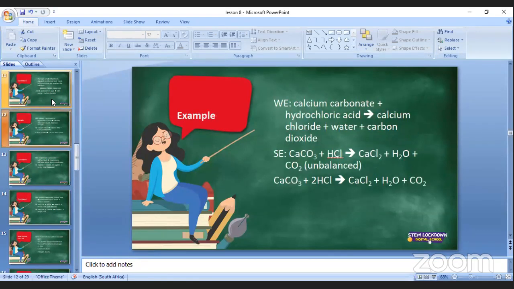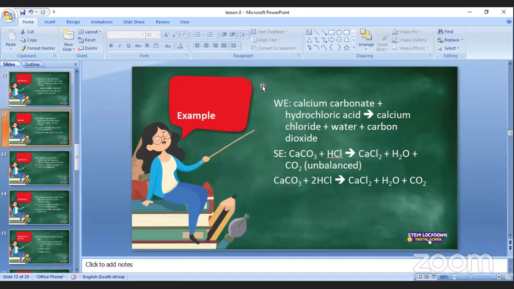Then I'm giving you an example now, grade 9. Calcium carbonate, which is a what? It's a metal carbonate. Calcium is a metal from your periodic table, grade 9. Calcium, yes, it is Ca, it is a metal. Then calcium carbonate, how do you know it's a carbonate?